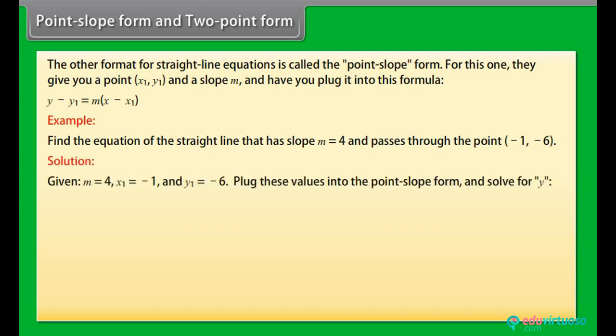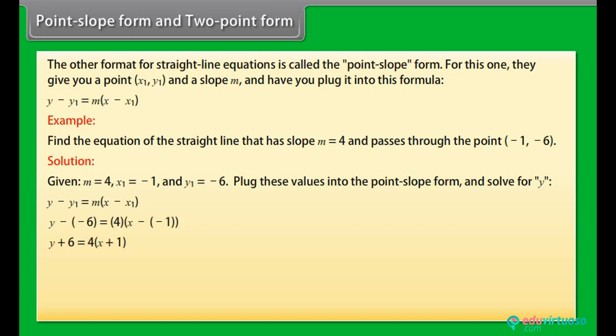Solution. Given m = 4, x1 = −1 and y1 = −6. Plug these values into the point slope form and solve for y. y − y1 = m(x − x1).